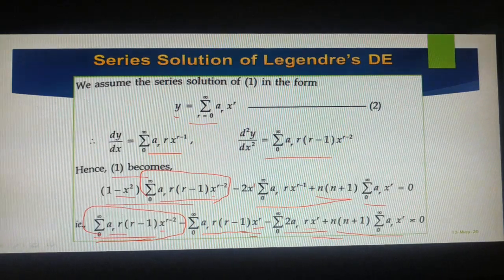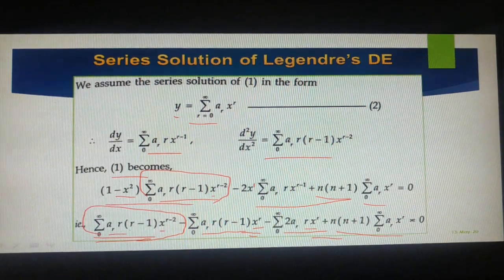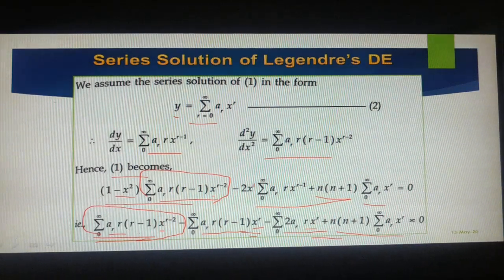So these will be your x power r coefficients. What about the first summation? Here also, where will we get it? We have r is equal to 0 to infinity, but the term here is x power r minus 2. So to get x power r, I have to move forward 2 more terms, that means plus 2 in the power.